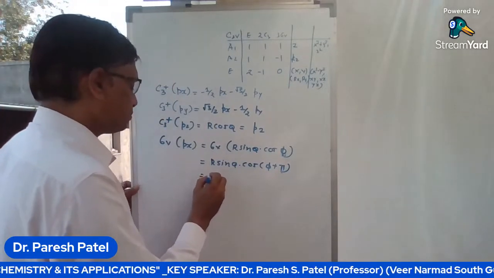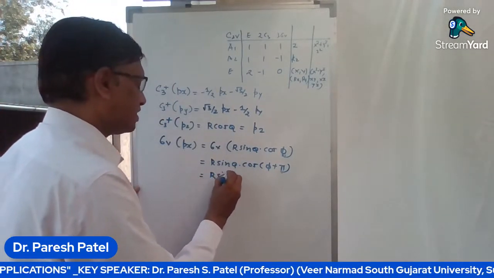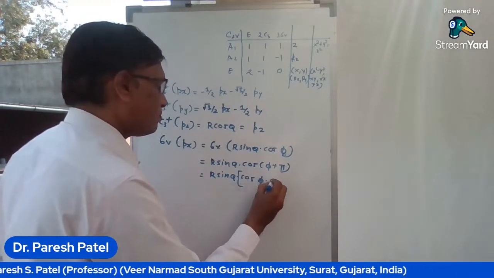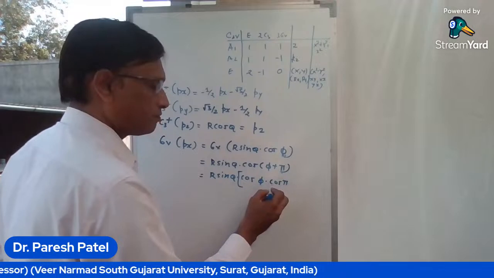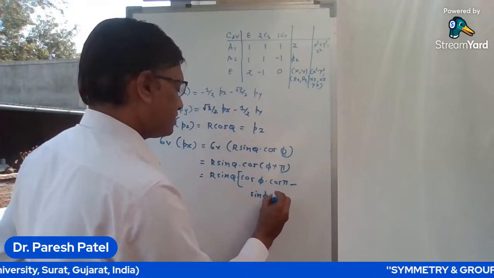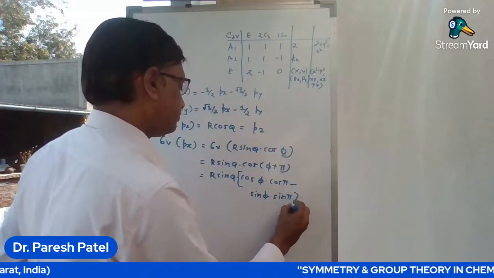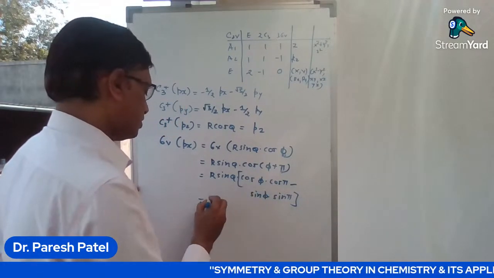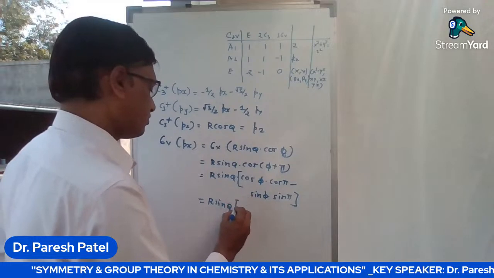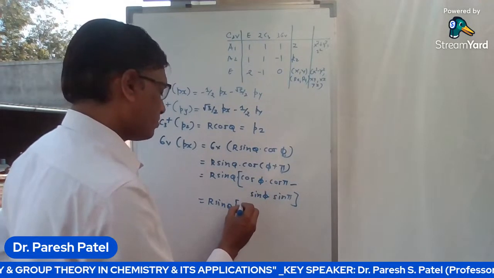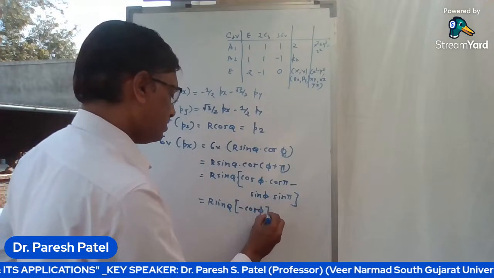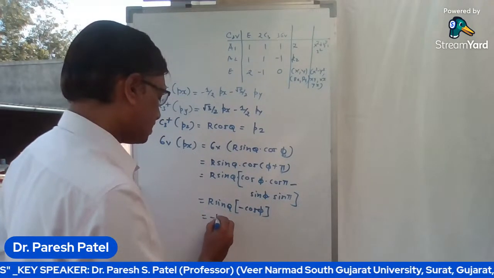So this is equal to r sine theta, cos phi cos pi minus sine phi sine pi. The value for cos pi is equal to minus 1, so minus cos phi, and the sine term becomes 0, which is equal to minus px.